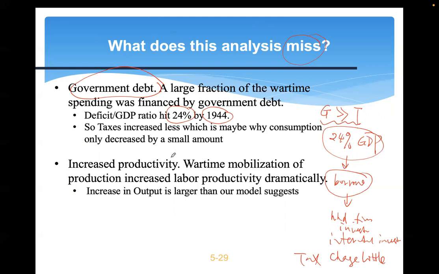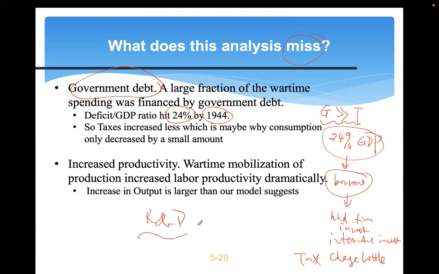The other thing missing from the analysis is the increase of productivity. Wartime mobilization of production increased labor productivity dramatically, because they can mobilize workers better. The government spent a lot on R&D and developed new technology.